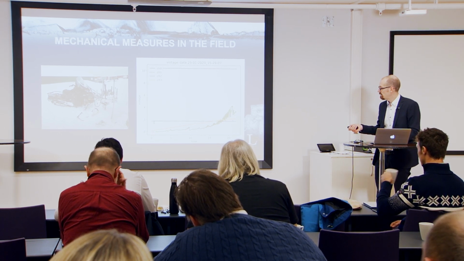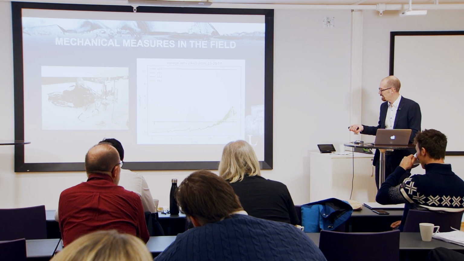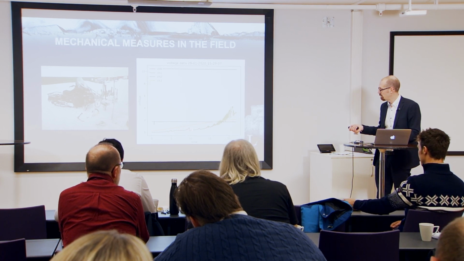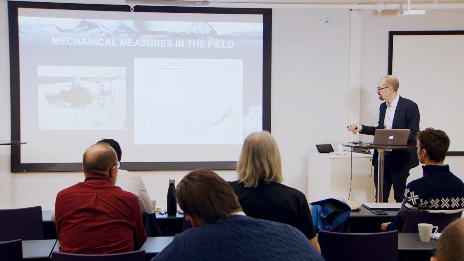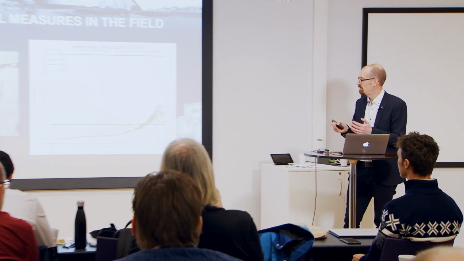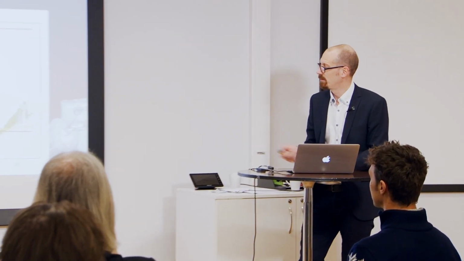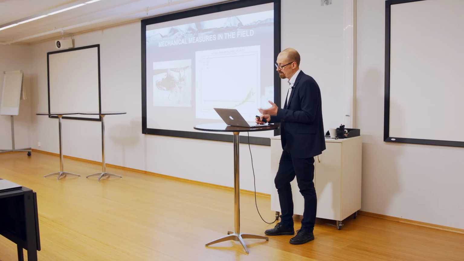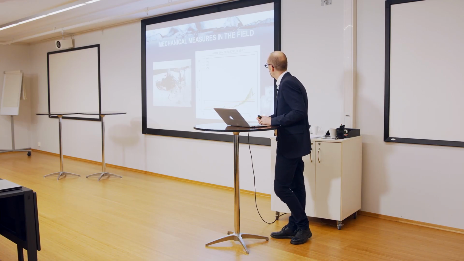And in this example, you can see how the snow has layers where we get some dips when we break through these layers. So combined with the shear force, we hope to be able to model the snow track on the snowmobiles and how they can be developed even better for better framkomlighet, in English, trafficability, so they can go better in deep snow. This is more or less the focus we have on the outdoor measurements.